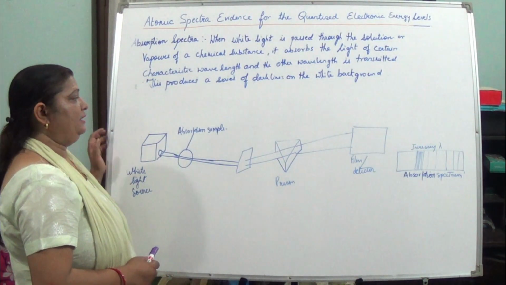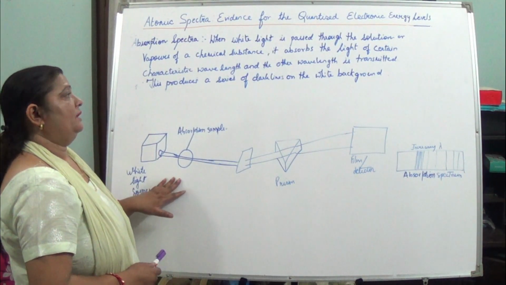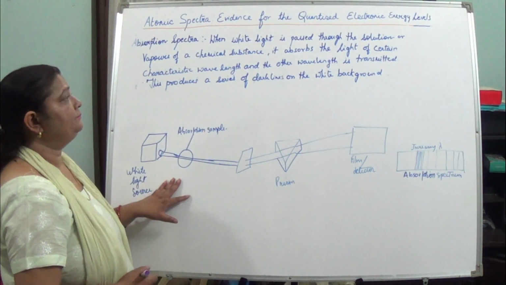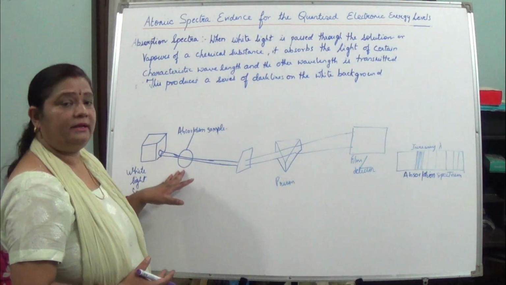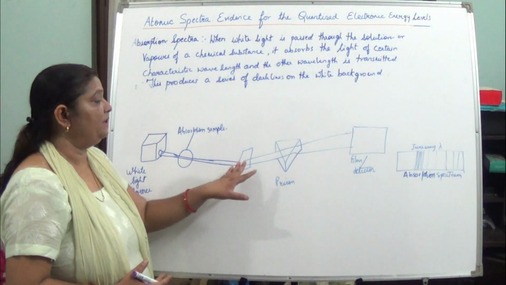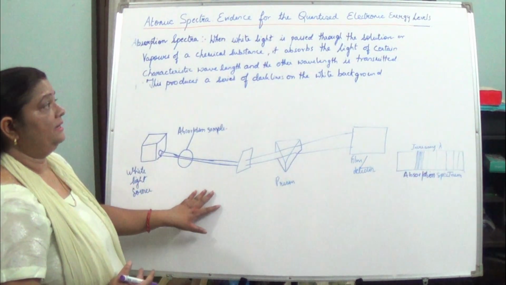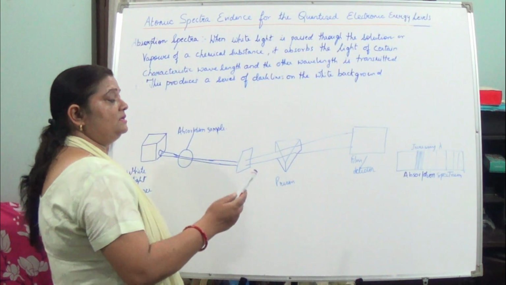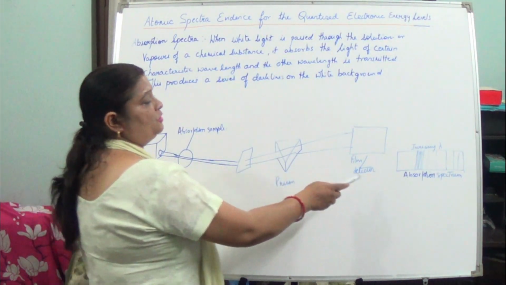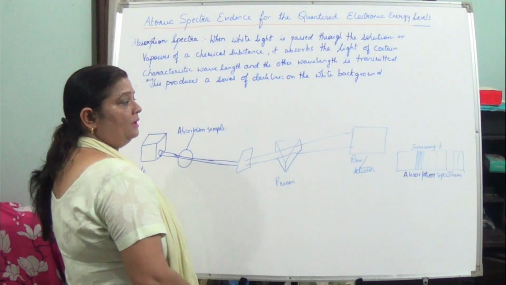Okay, and here you can see it is being absorbed, and the other wavelength is being transmitted, isn't it? And which is being transmitted, you will be seeing over here in the absorption spectrum.